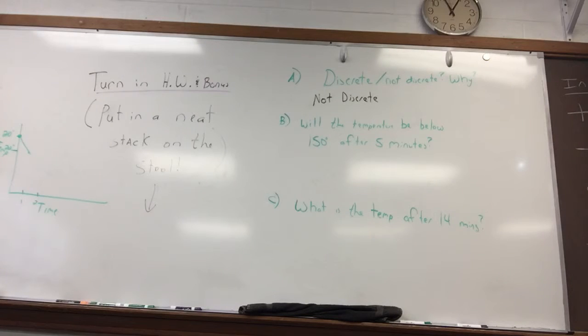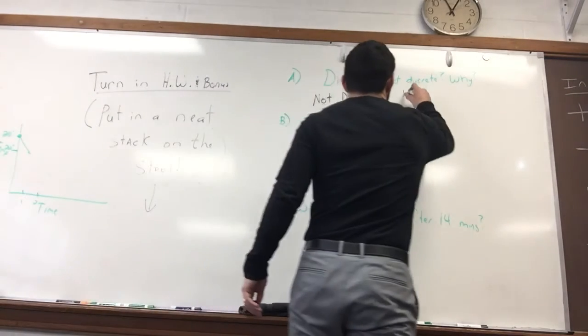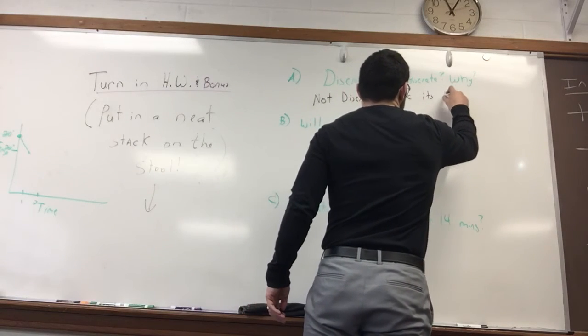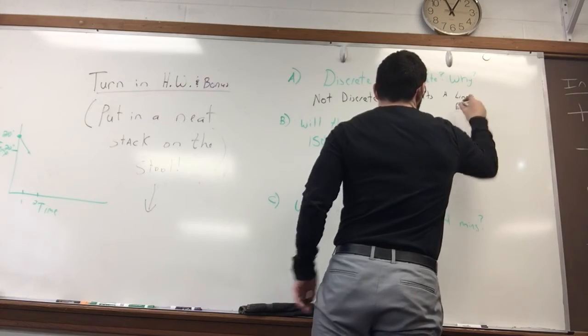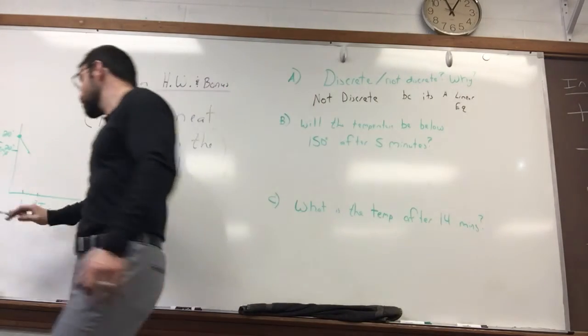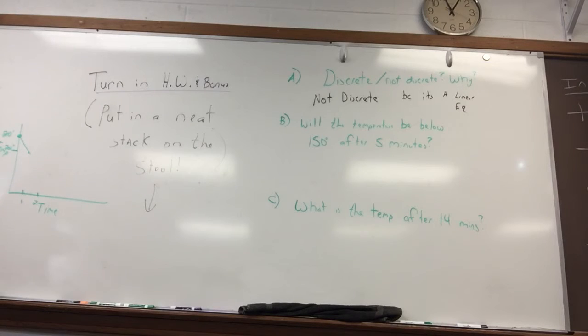Is it a linear equation? If it's a linear equation, is it going to be not discrete or discrete? Not discrete. Okay, does that make sense? So, not discrete because it's a linear equation. Not discrete because it's a function of time. Not discrete because we can break the x values down.